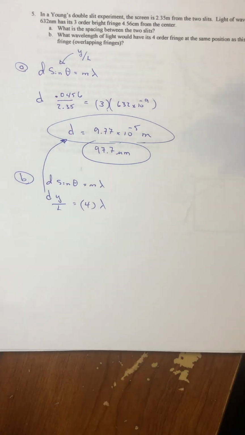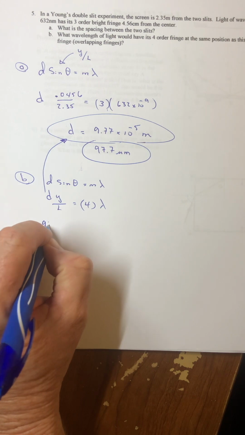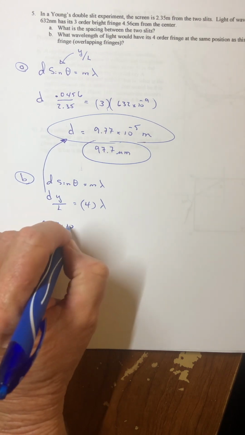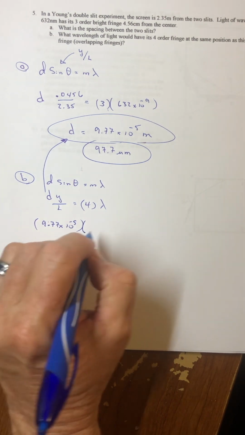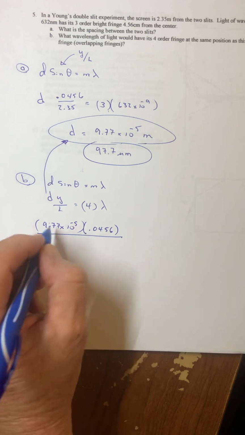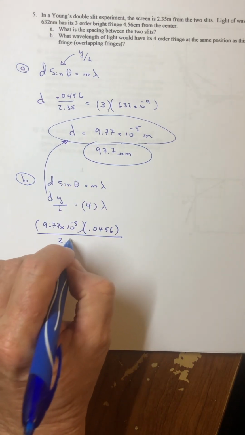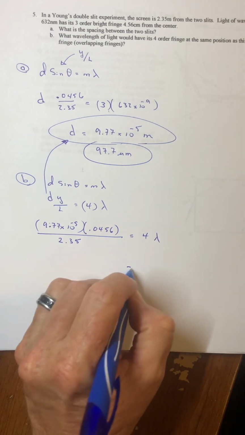It's something physical in the grating that doesn't change. So this is the 9.77 times 10 to the negative 5. This right here is that same y, 0.0456 meters. The L is the same, 2.35. Then we get a 4, and we get a lambda.